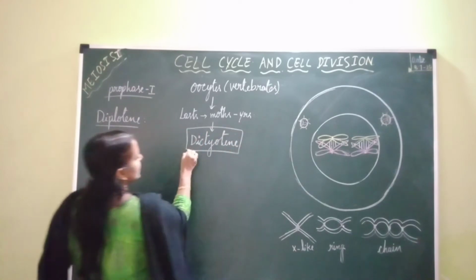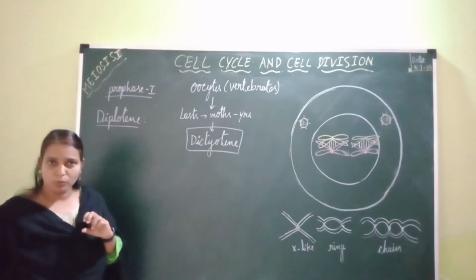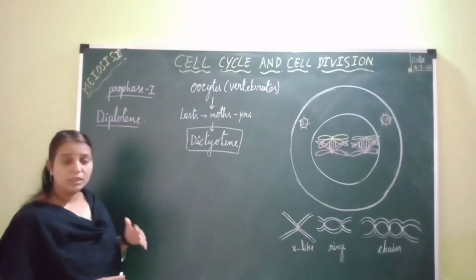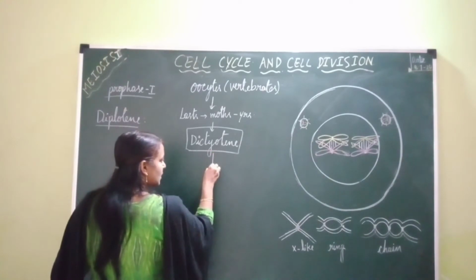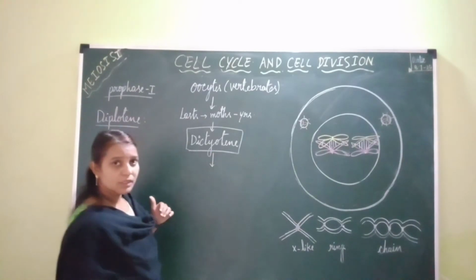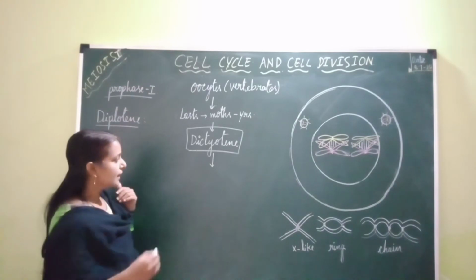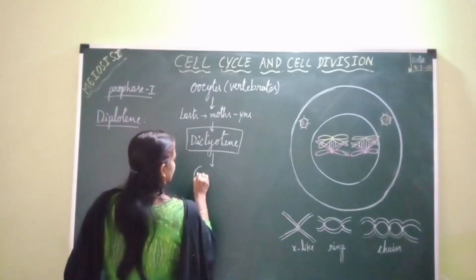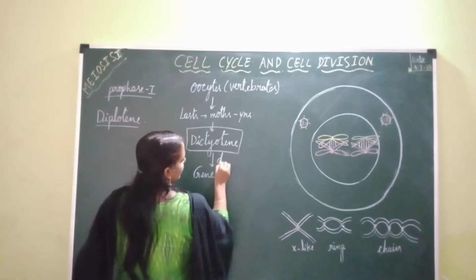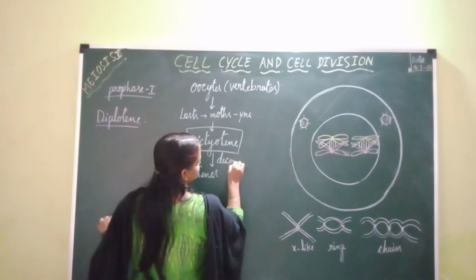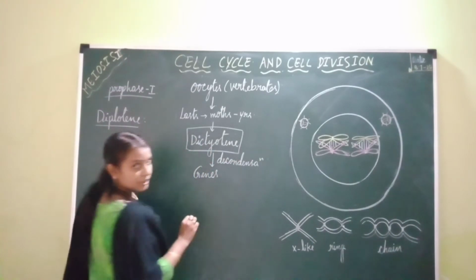During this Dictyotene stage, certain parts of these homologous chromosomes undergo decondensation, where genes are present.